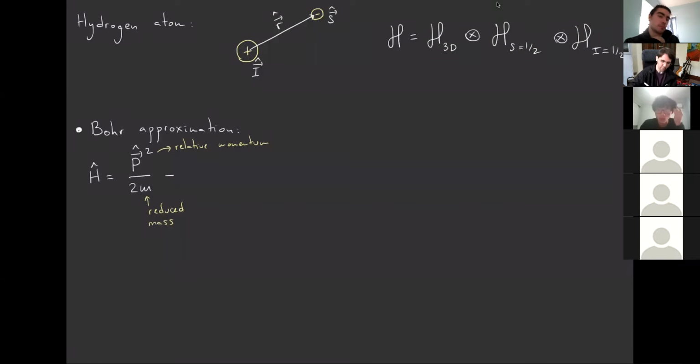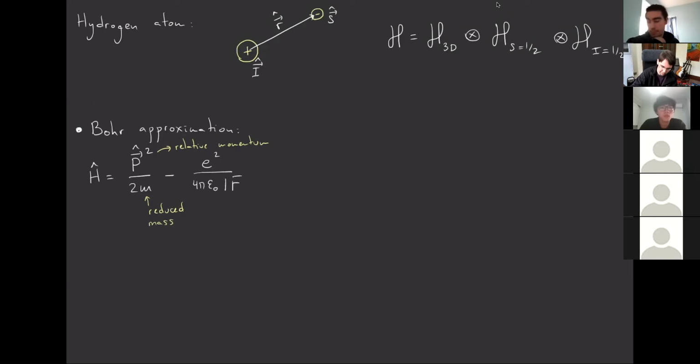And then to this, so this is the kinetic term, we add a potential term. And the potential term is just the static Coulomb potential between a charge plus and a charge minus, which is just given by e squared divided by 4 pi epsilon 0.